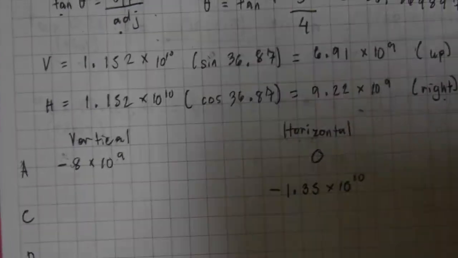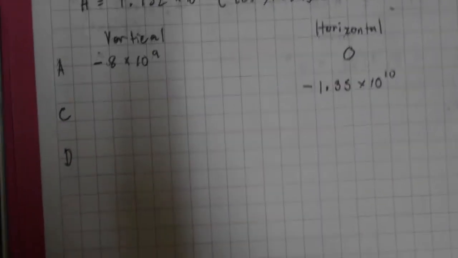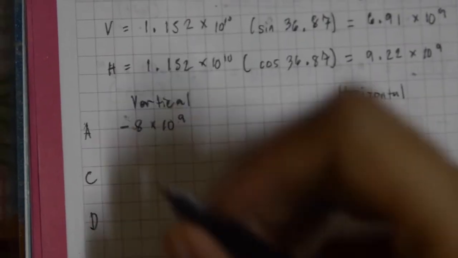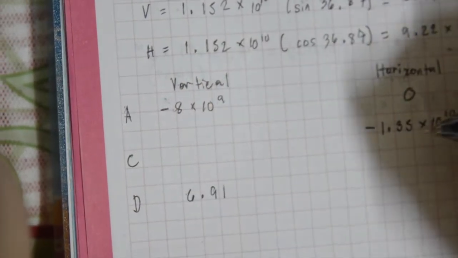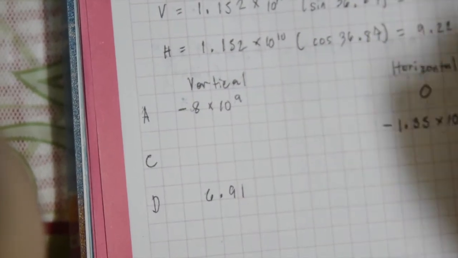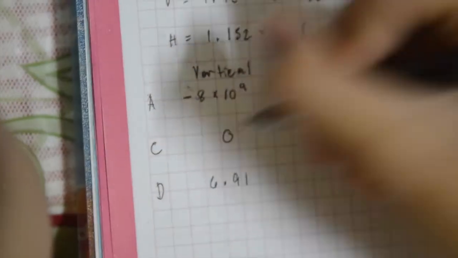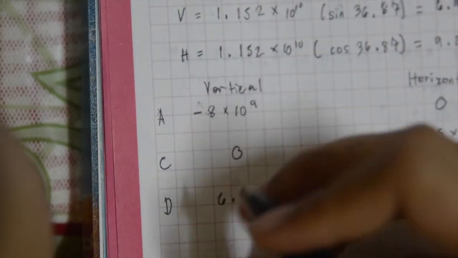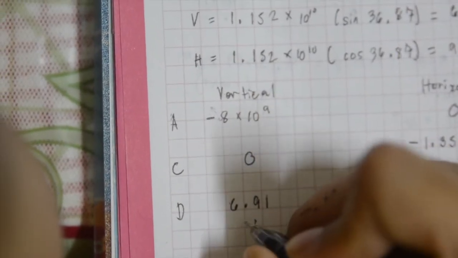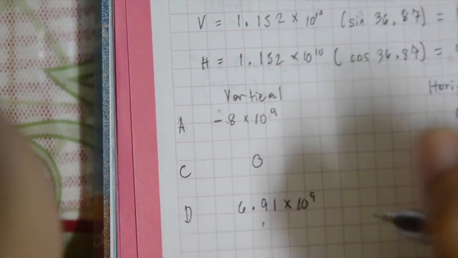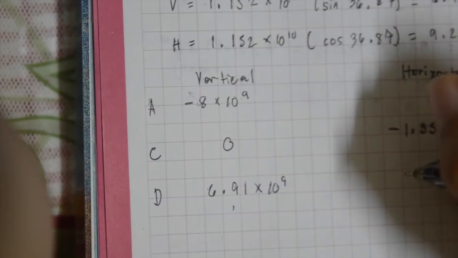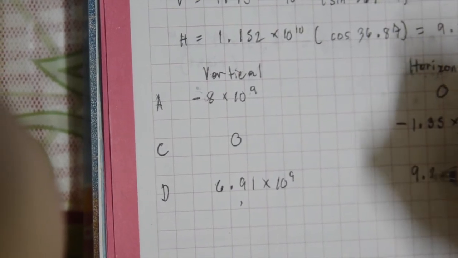Since this is also horizontal, the value of the vertical is 0. Then for D, your vertical and horizontal components: vertical is 6.91 times 10 to the 9th, so that's positive since it's up. Then for the horizontal, 9.22 times 10 to the 9th.